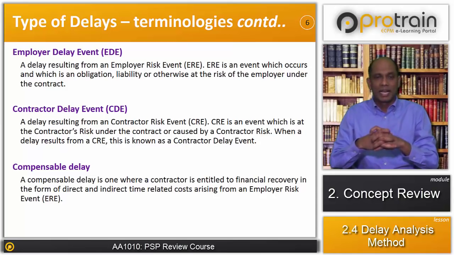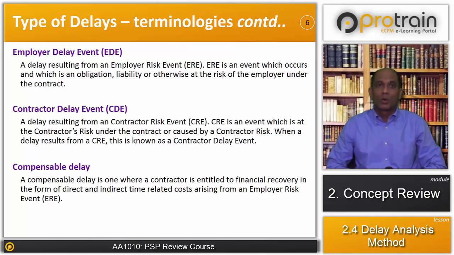In a design build project, providing design is the employer's responsibility, whereas the contractor is responsible for constructing the works as per the design provided by the employer within given cost and time. So any delay that is caused by an employer risk event is an employer delay event.